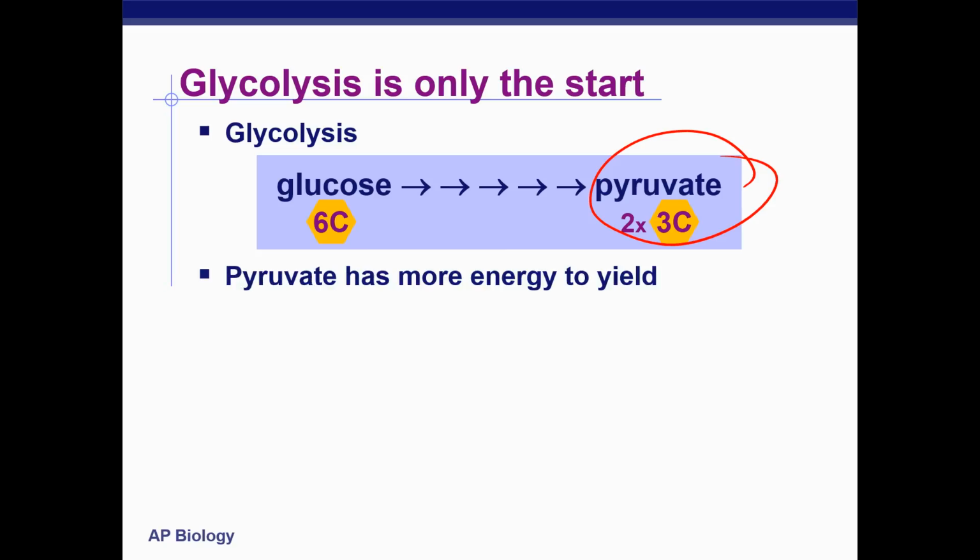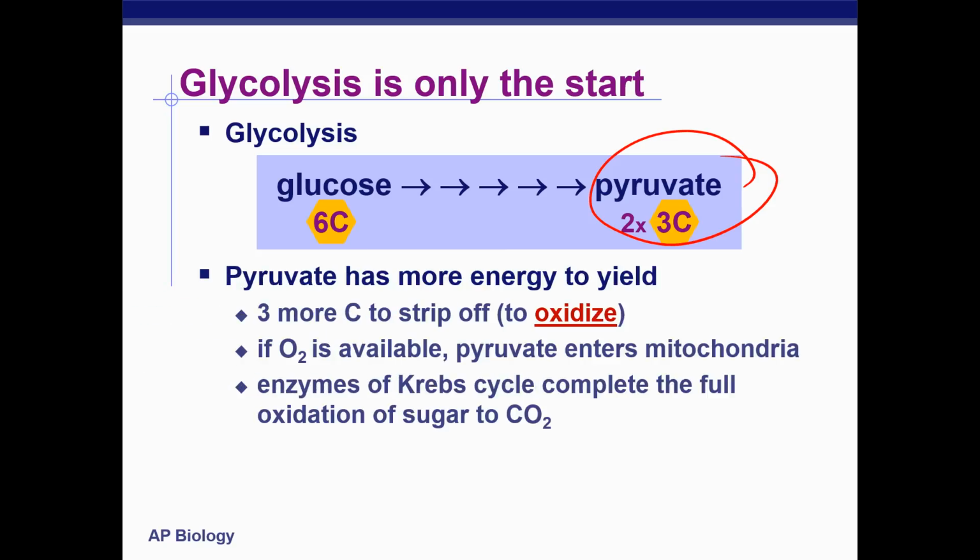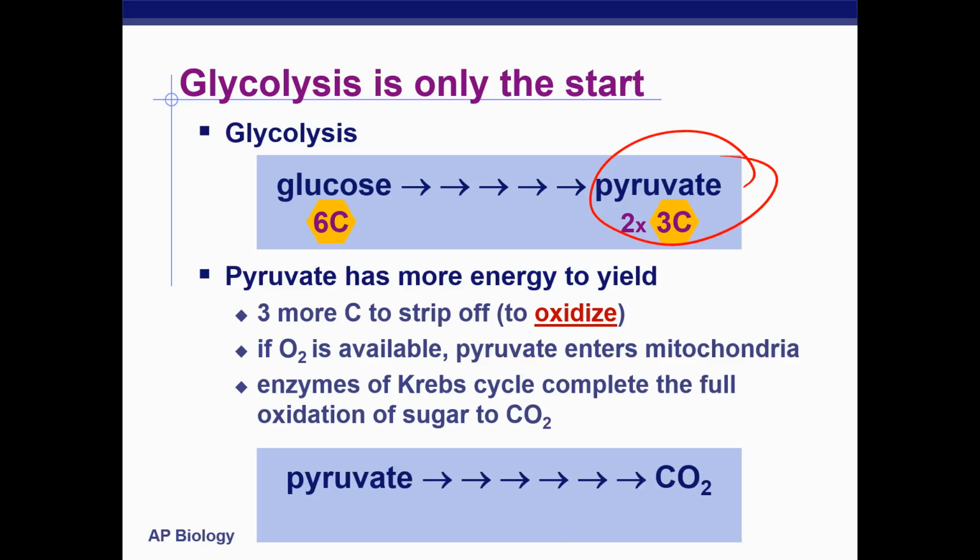All right, so pyruvate has more energy to yield, and we're going to strip off, or oxidize, those carbon sugars that are there. Remember, oxidize means to lose electrons.